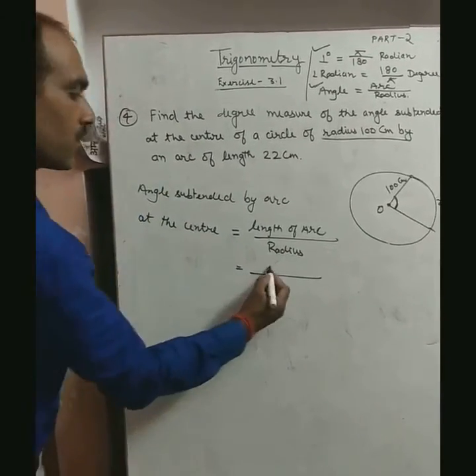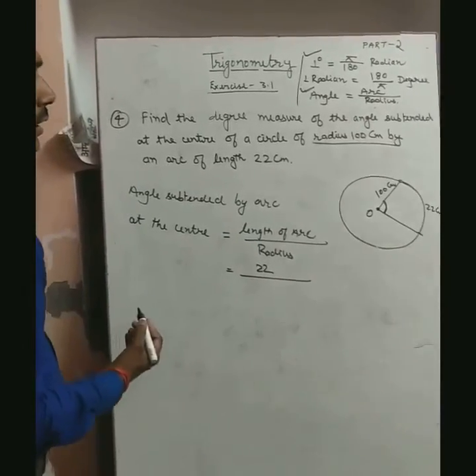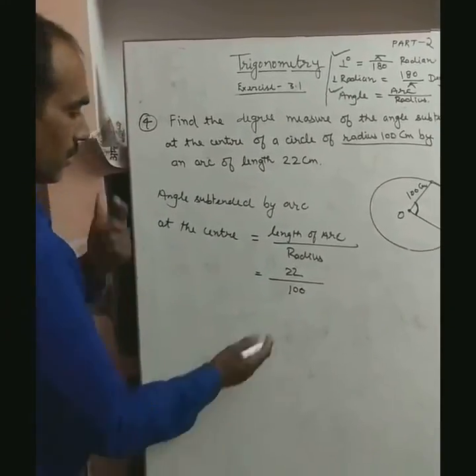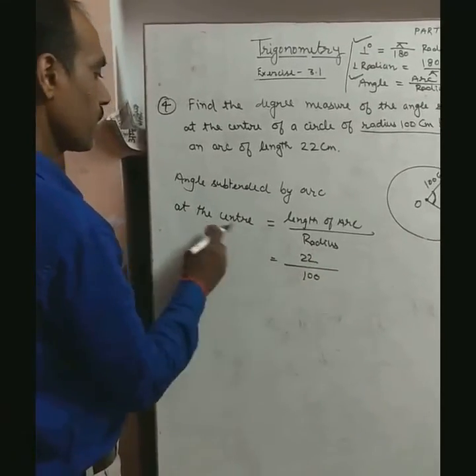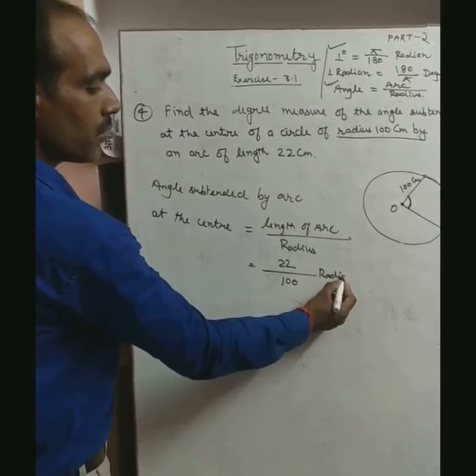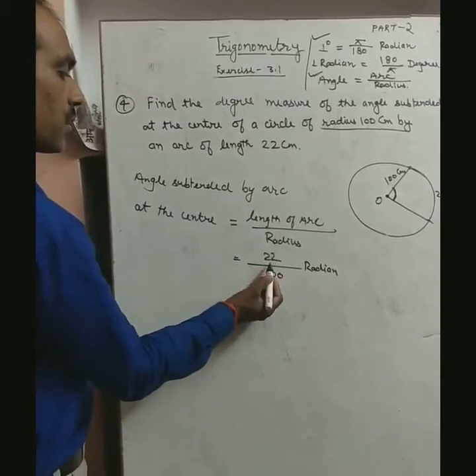Length of arc is 22 cm and radius is 100 cm. Now this angle becomes in radian. Solve it.